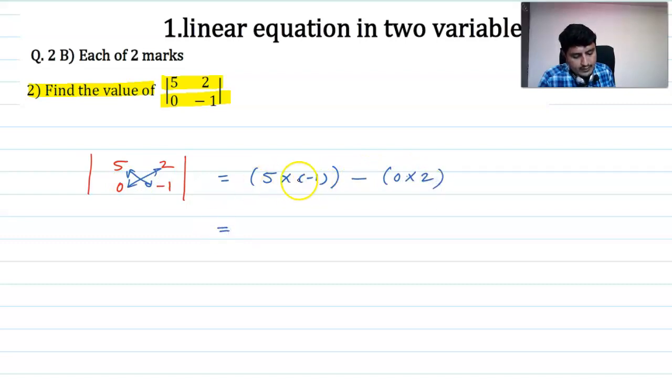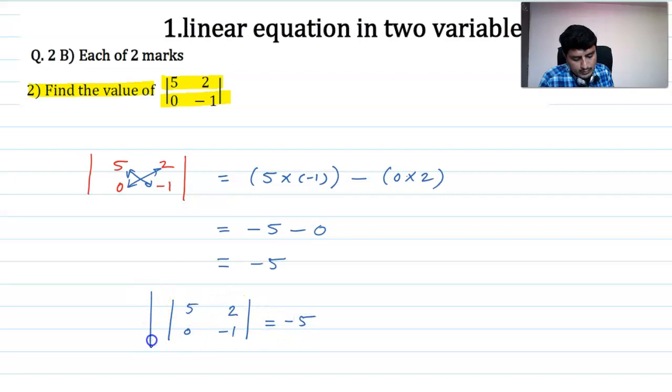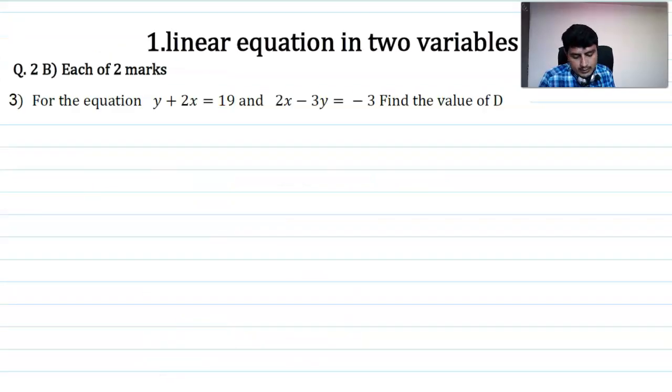So 5 ones are 5, so minus 5, and minus 0 into anything is 0. That means 0 into 2 we are getting 0. Now minus 5 minus 0 we have minus 5. So the value of the determinant 5, 2, 0, minus 1 is equal to minus 5.